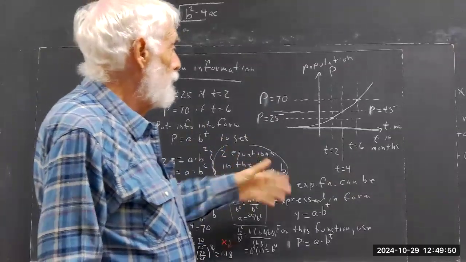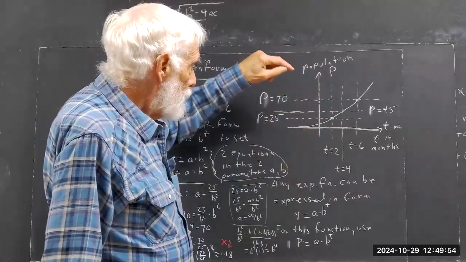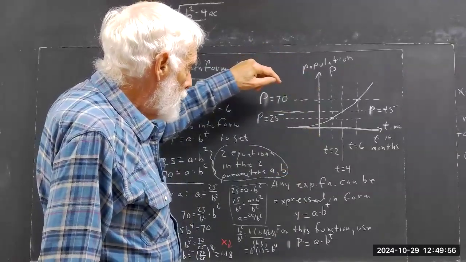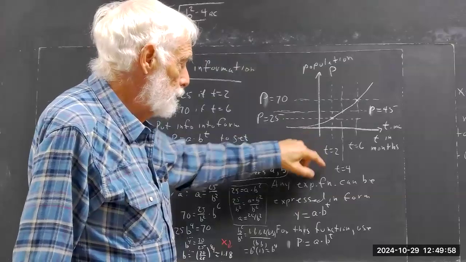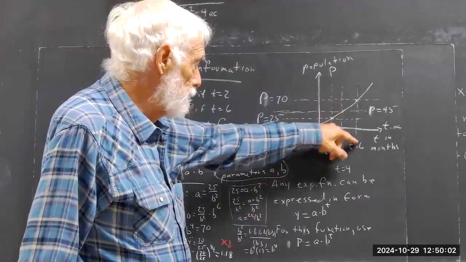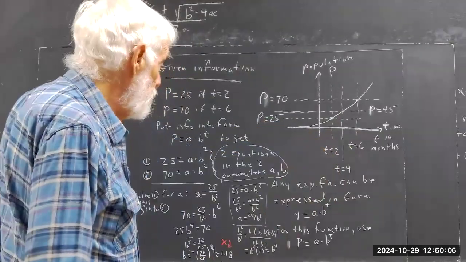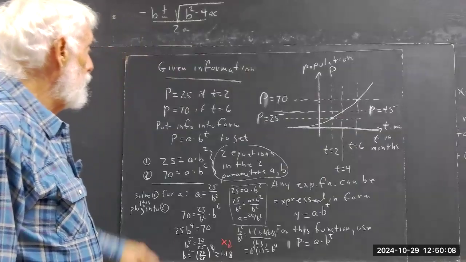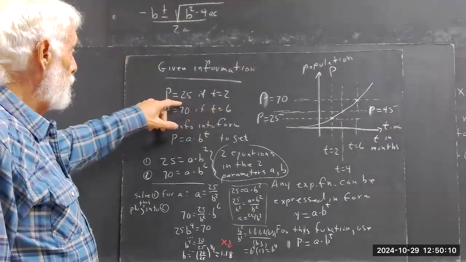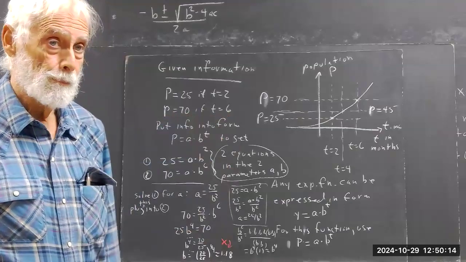So now we have an exponential function where the value is 70 when t equals 6. Value is 25 when t equals 2. Here's our information: 25 at t equals 2, 70 at t equals 6.